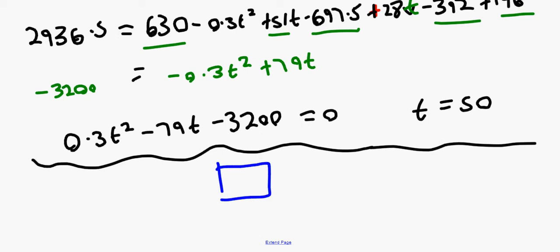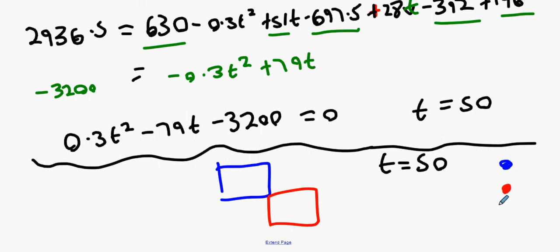The van was in red, and we know that 50 seconds in, the two of them are nose to nose, so to speak, or occupy the same points. In a way, you could treat them as a blue particle and a red particle. Best to treat them as particles.